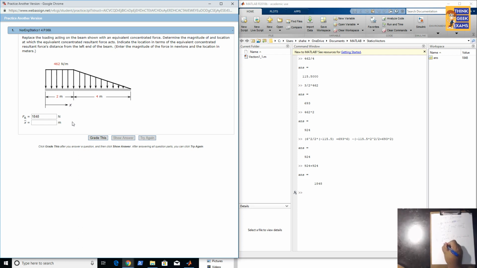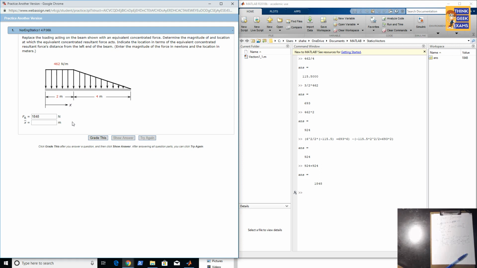So integrating, it's 462x squared over 2, going from 0 to 2, and minus 115.5 x cubed over 3, and 693x squared over 2, and we have to find the answers for all three of them.